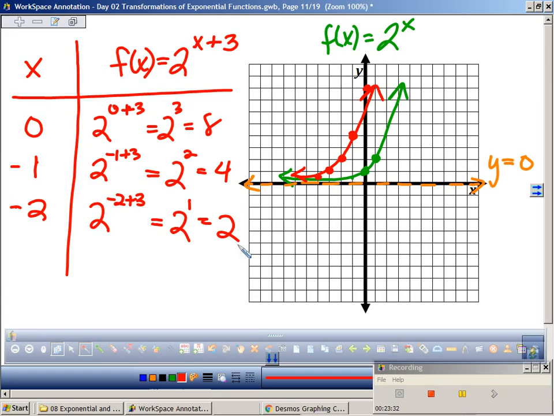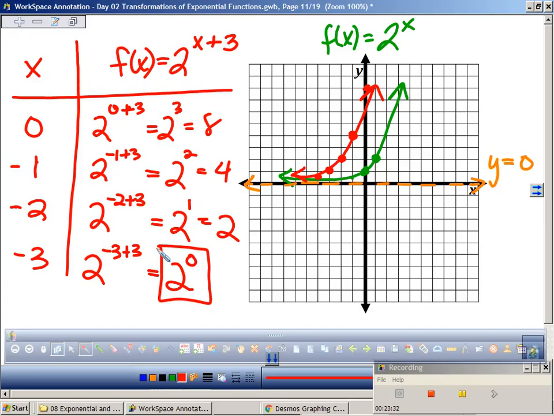You see how they're falling like this? See how it's just shifted over? So -2 gives me 2. I'm right on that one. Let's try -3 and see what happens. 2 to the -3 plus 3 equals 2 to the 0. Bingo. This is my magic reference point. I just got 2 to the 0.